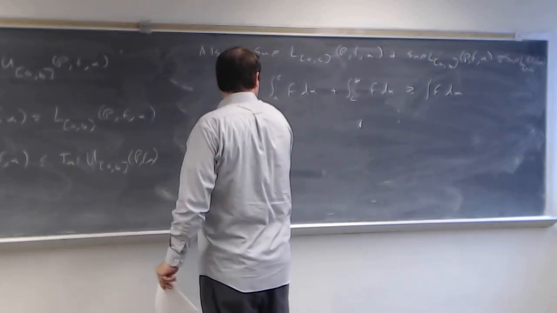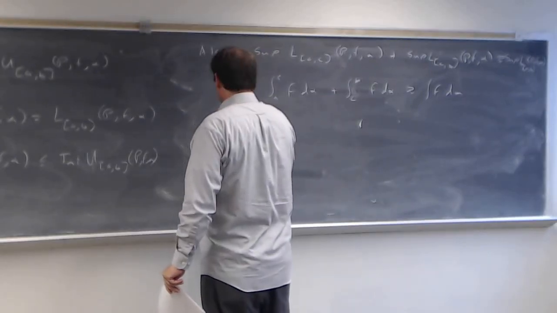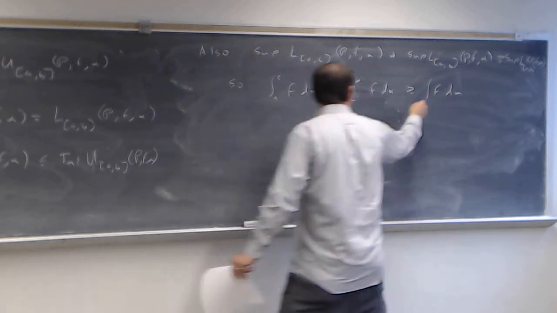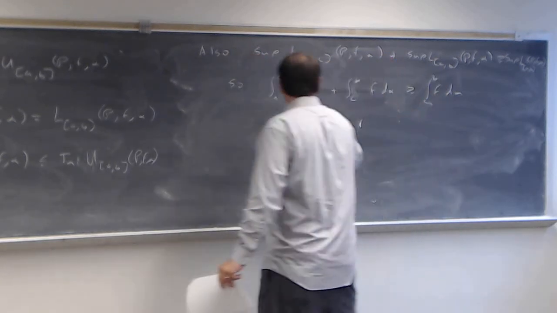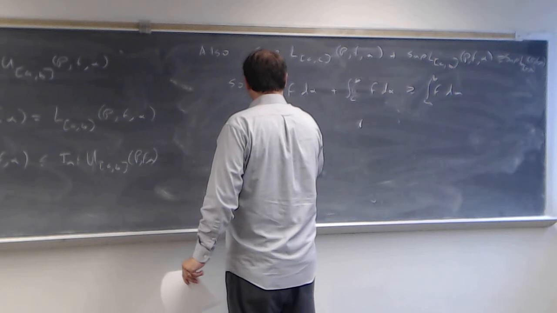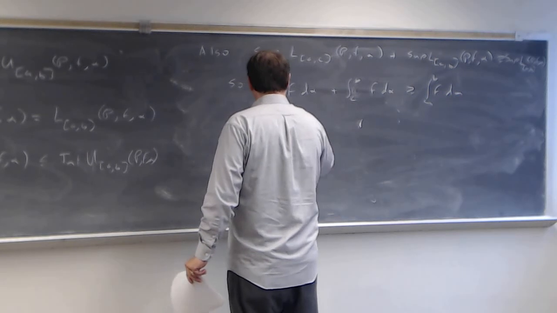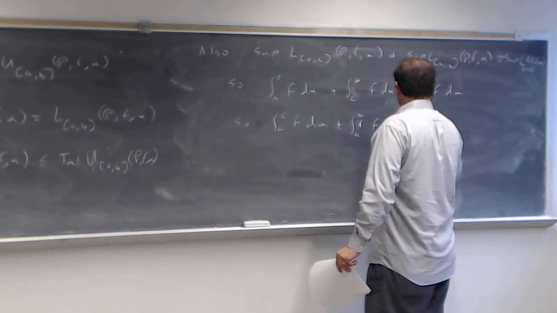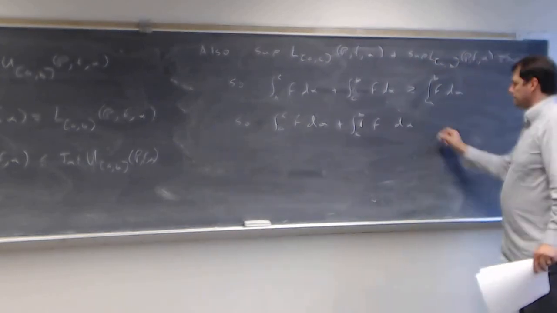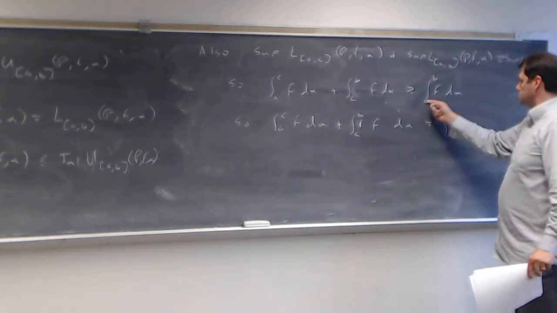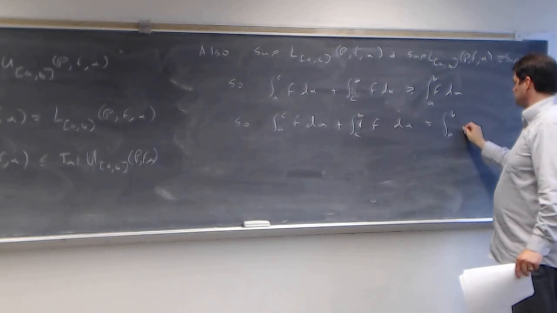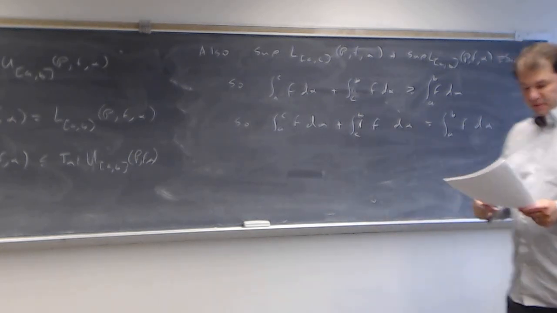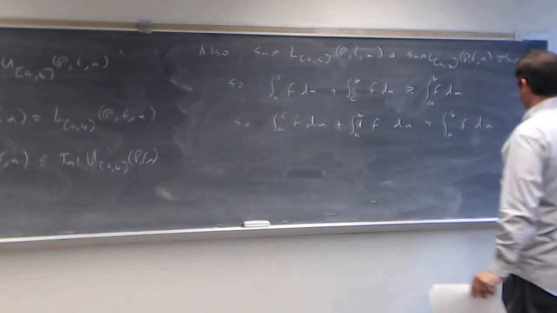And so, on one side we've got the sum is less than the integral over A to B. On the other hand, the sum is greater than, and so that means that they have to be equal to each other. Okay, so that's what we have. And so that concludes this proof.